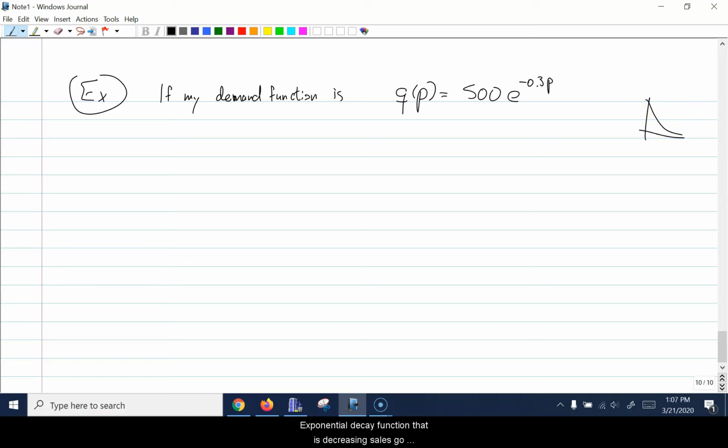It is decreasing. Sales go down as price increases. We're in the rational model. Should be a decreasing function.